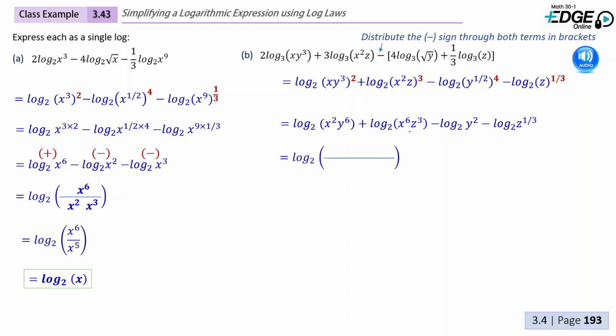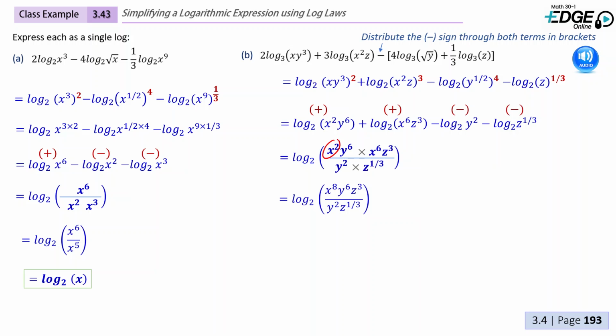Now we're ready to combine, so any positive terms will be in the numerator, negative terms will be in the denominator. And then we'll just simplify where we can.